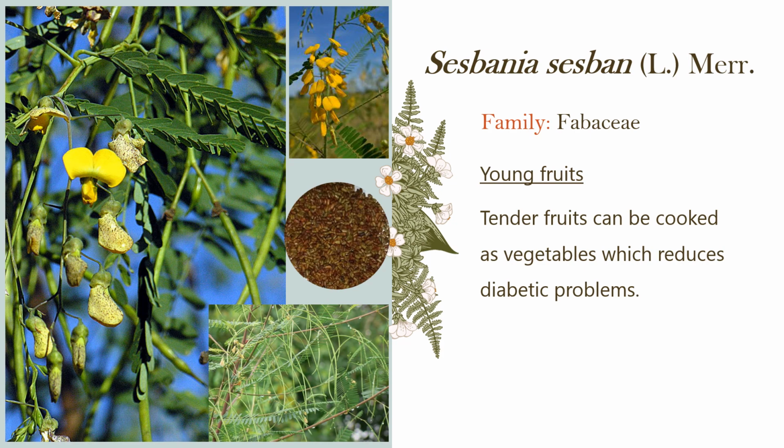So the next plant we'll talk about is Sesbania sesban. So this comes under the family Fabaceae. So here the young fruits are taken. It is really easy to consume because the tender fruits can be cooked as vegetables. So it makes a good way to consume, and this reduces the diabetic problems.